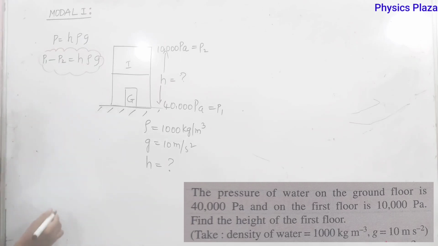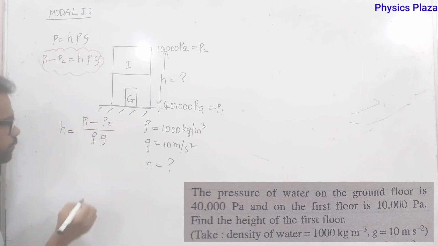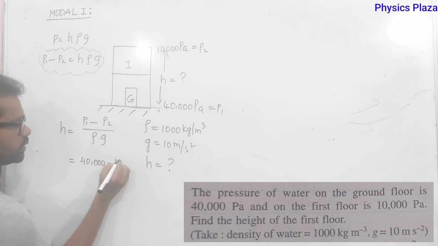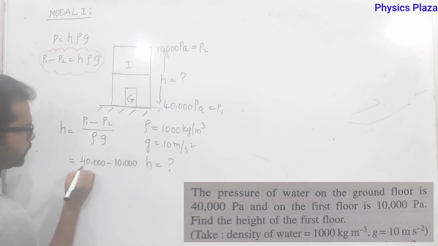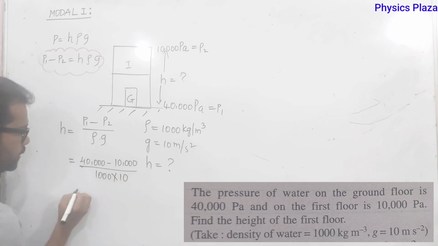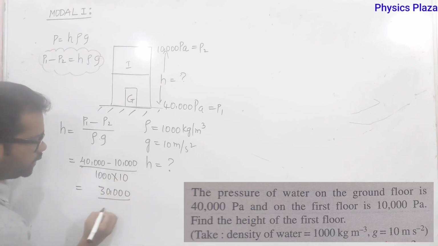Clear? So from this, children, can you write like this? h is equal to (P1 minus P2) by rho g. Yes, we can write. Now look here. This is (40,000 minus 10,000) by (1000 into 10). So this will be 30,000 by 10,000.